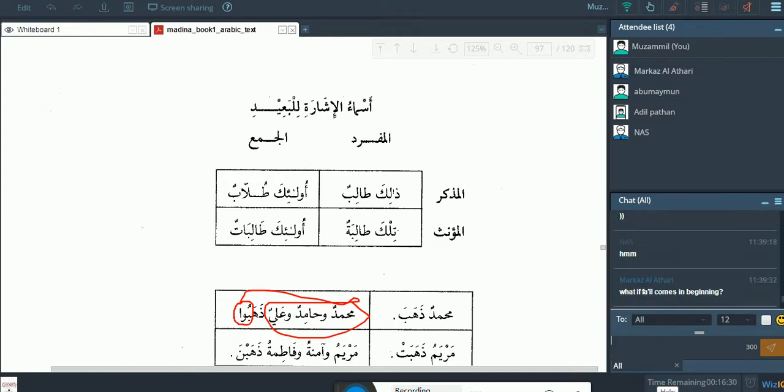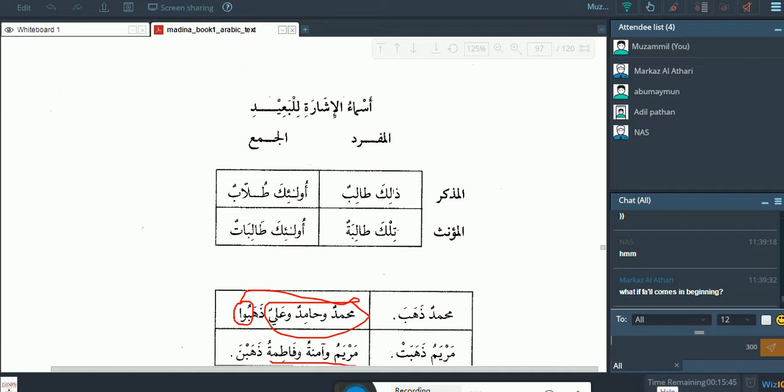So the difference with the singular here, mu'annath, which is dhahabat, and the plural, jam'. This one is dhahabat, and this one is dhahabna. So that fatha changed to a sukoon, and instead of the ta, a noon was added with a fatha, dhahabna. You have to be careful because people get confused between dhahabna with the sukoon and dhahabna with the alif.